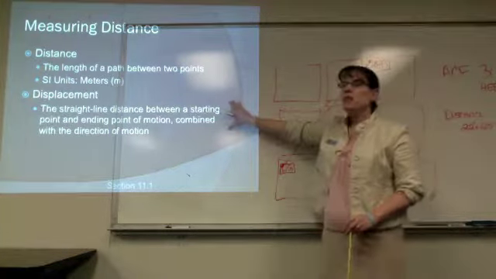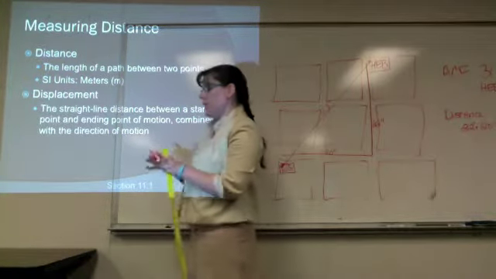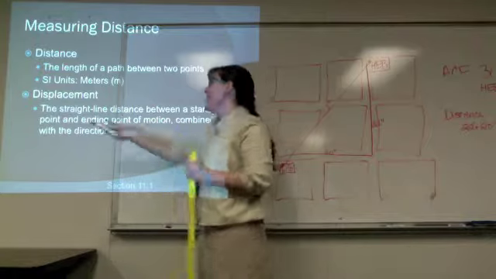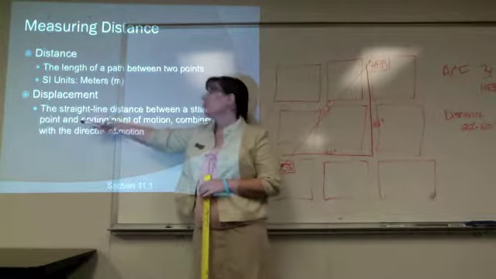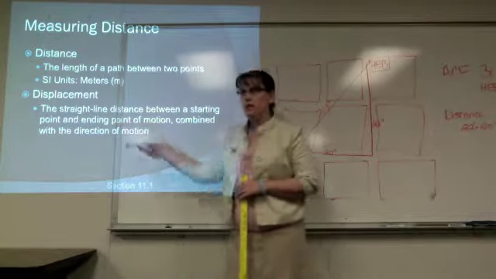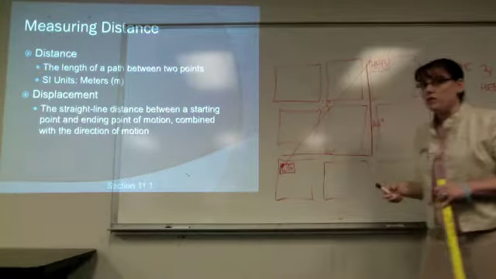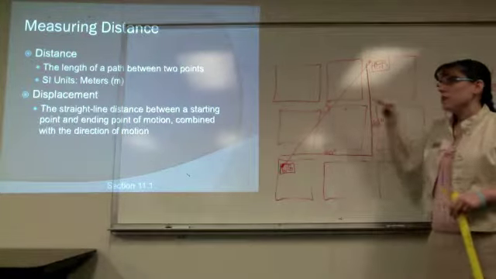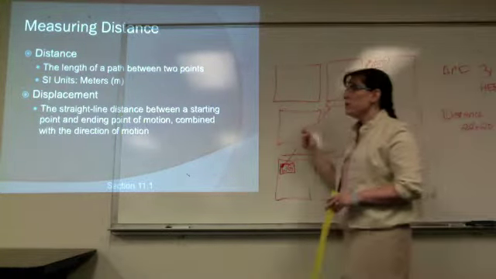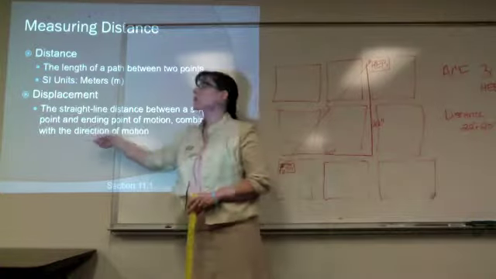Now displacement is different. Notice that it says straight line distance, okay? So displacement is the straight line distance, that would be as the crow flies, between HEB and Walgreens, which is 31.5 inches. Now, notice that it also says combined with the direction of motion.